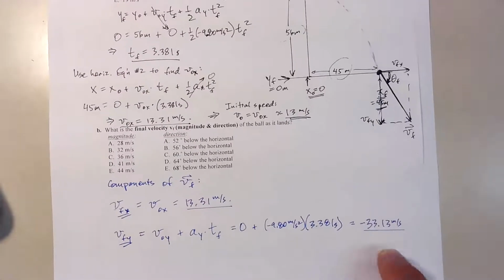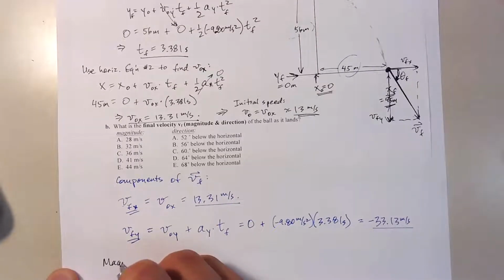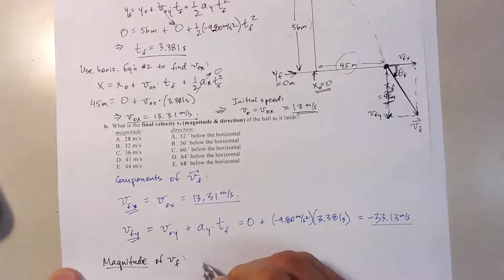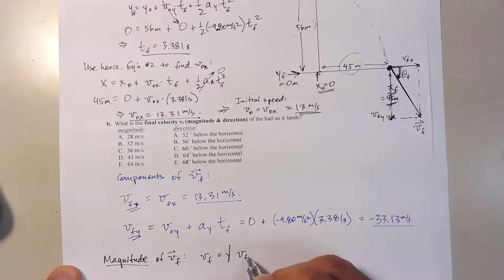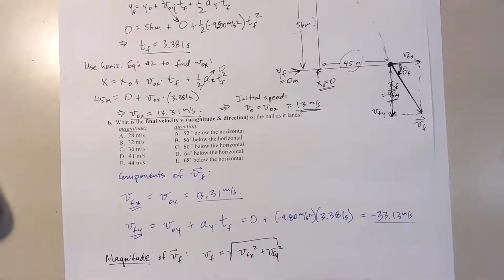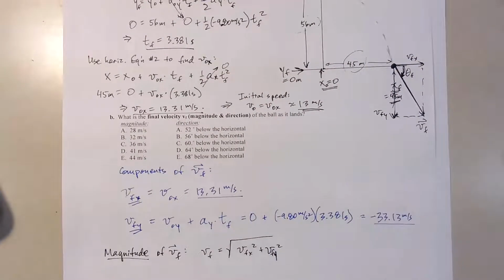All right, so now we can find the magnitude and the direction. Okay, so now we're getting pretty familiar with how to do this, right? If you know the two components of a vector, how do we get the magnitude and the direction?